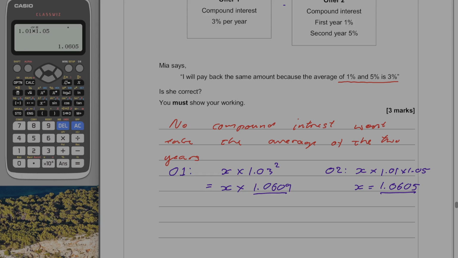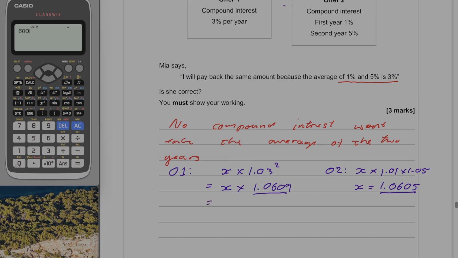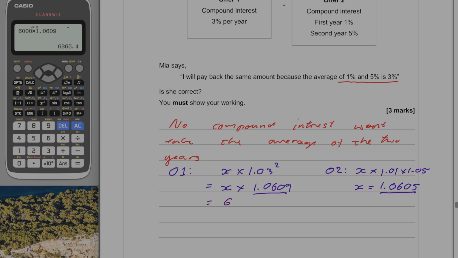However, most people would have actually worked out what the final value was. So in effect, 6,000 times by 1.0609. So the amount that she has to pay back from offer one would be £3,665.40.